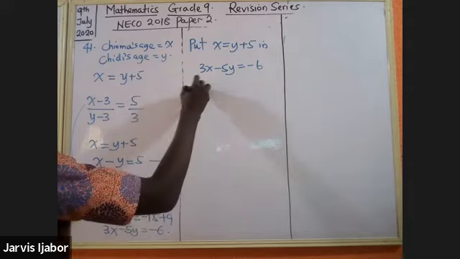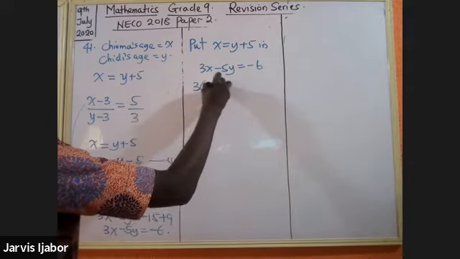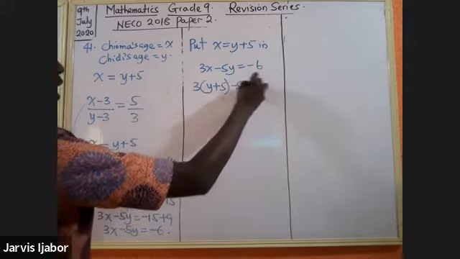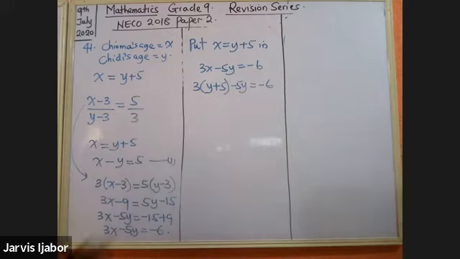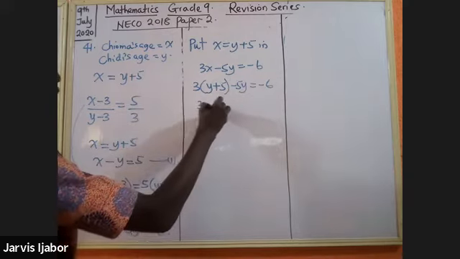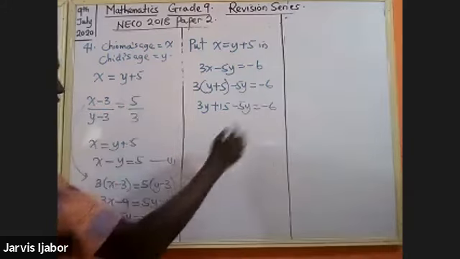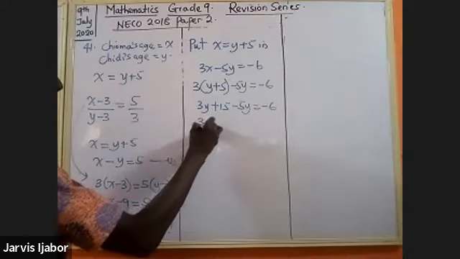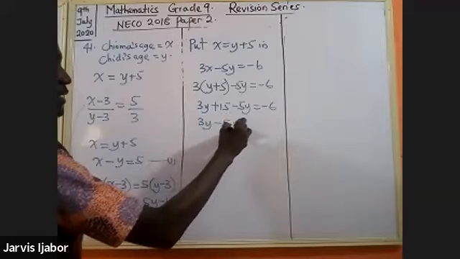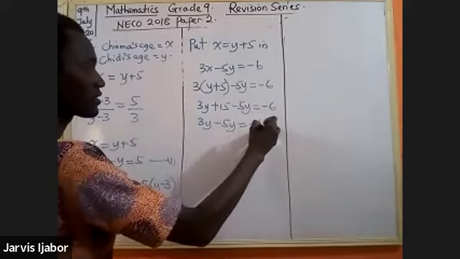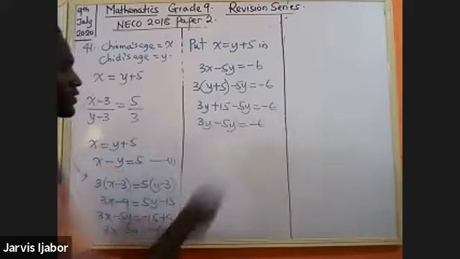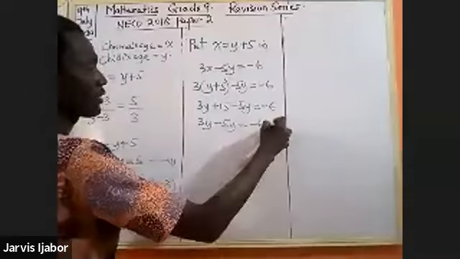So this will be 3 into y plus 5 minus 5y equal to minus 6. So 3y plus 15 minus 5y is equal to minus 6. Meaning that 3y minus 5y will be equal to minus 6 minus 15.